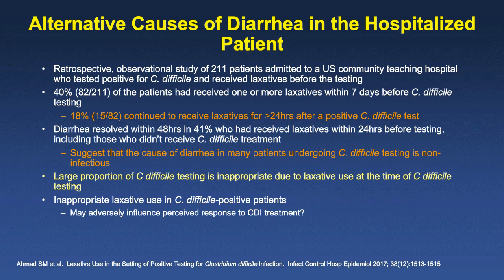And a real challenge with continuing the laxatives, albeit unknowingly, in our patients who have CDI, is that it might delay what is perceived as the response to therapy. And that has important implications for overall duration of therapy, and it has important implications for retesting.